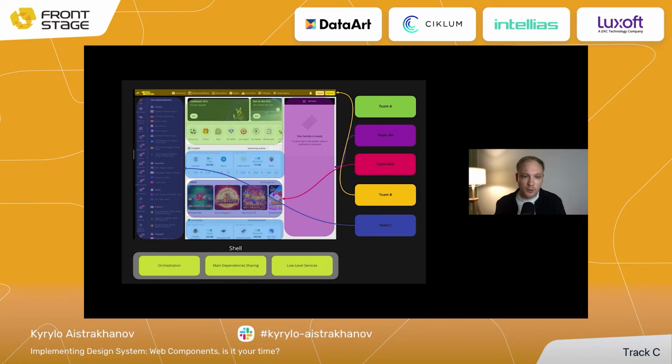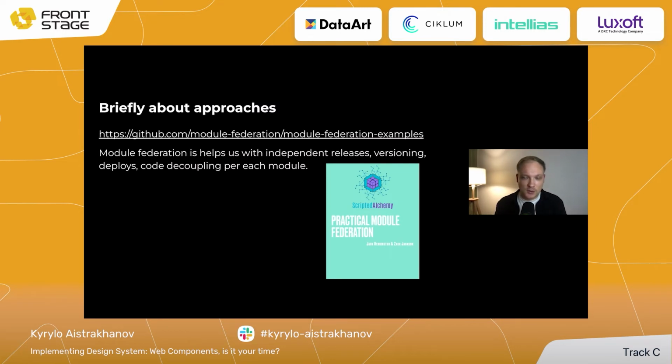And you can also work flexibly with these versions. So it's also part of the improvements provided by module federation. So you can just watch this repository. That's all that you need to know about module federation.